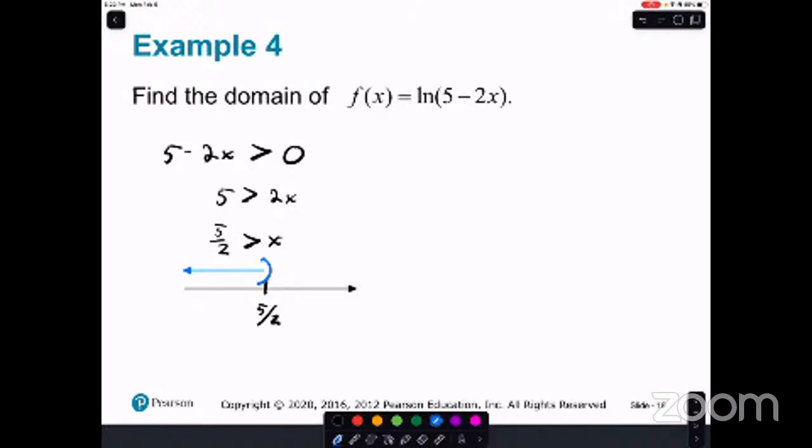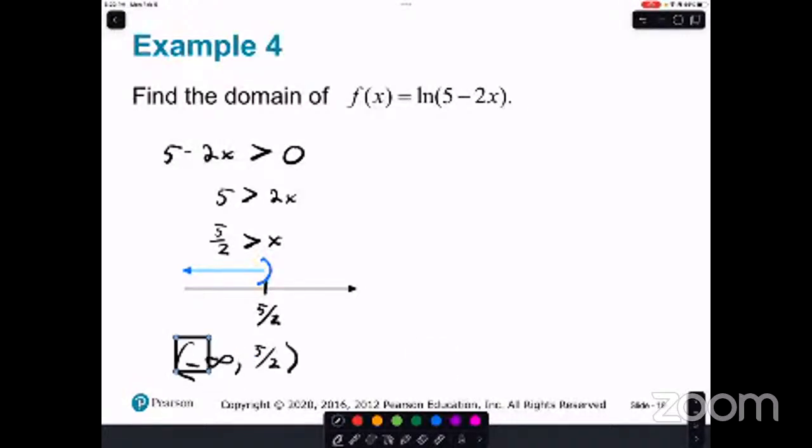Now that we have the graph, this is the easiest way to translate it into interval notation. The far left is negative infinity, up to 5 halves. Infinity always gets a parenthesis, and in this context the 5 halves gets a parenthesis as well, because there's no bar.